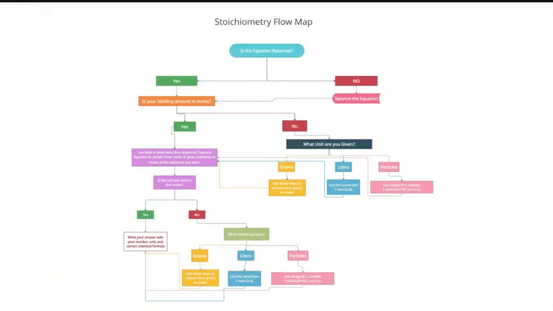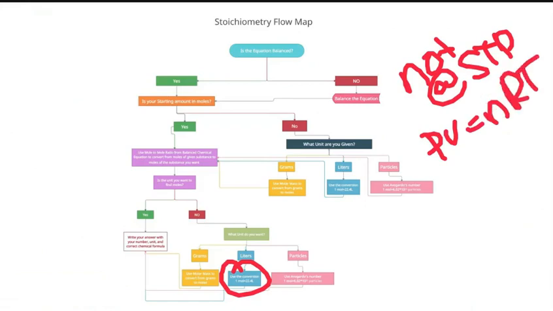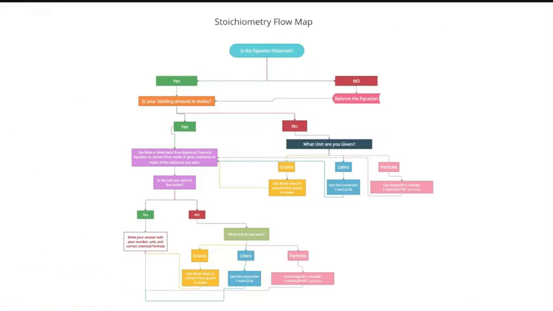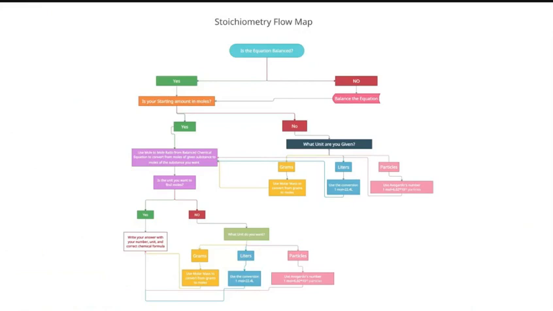If it's not at STP, you use PV equals nRT to figure out your volume at this stage. And if you want particles, you use Avogadro's number, which is 1 mole equals 6.02 times 10 to the 23rd particles.